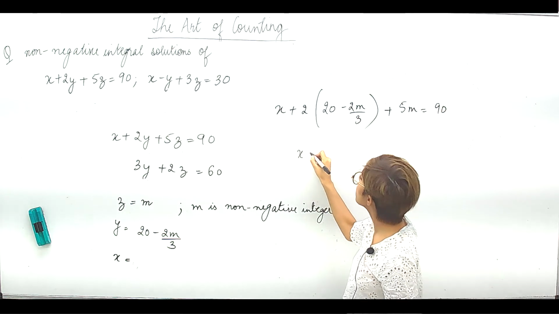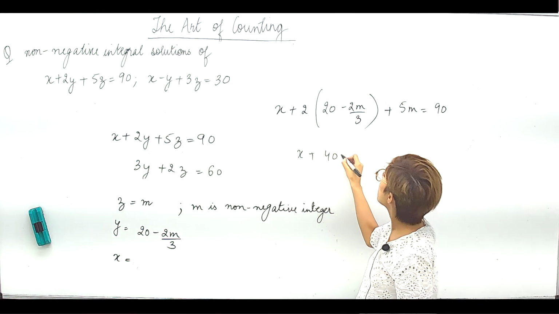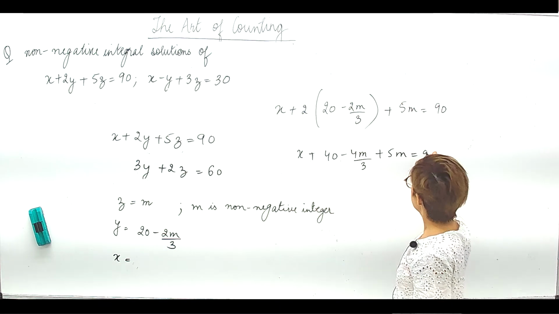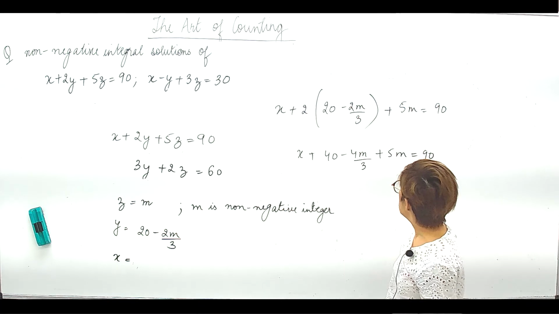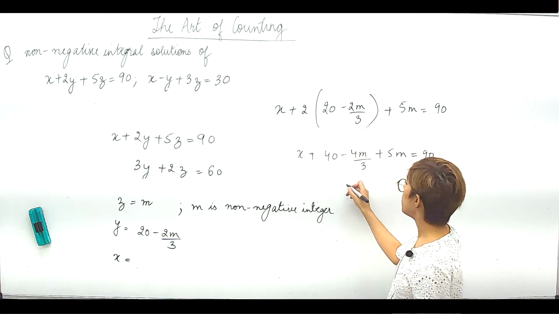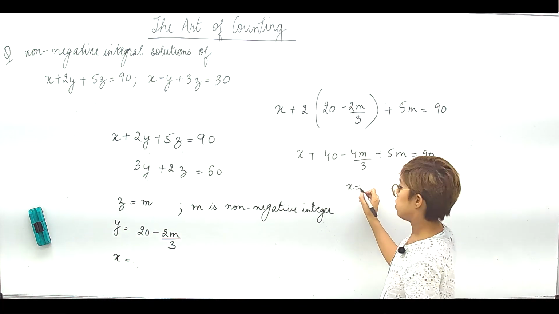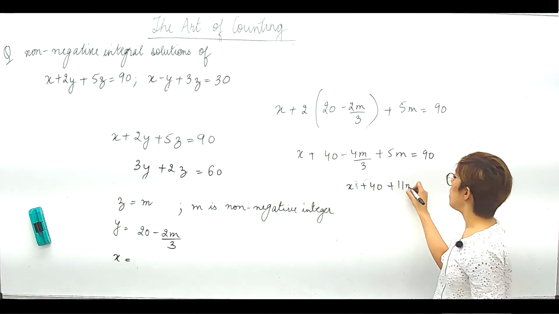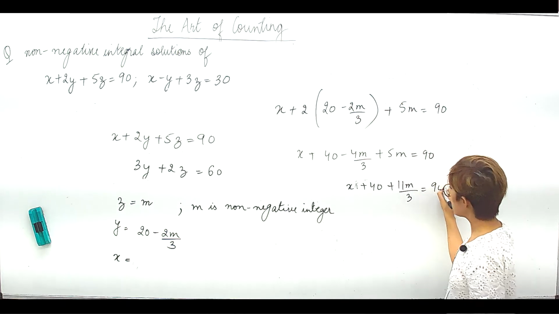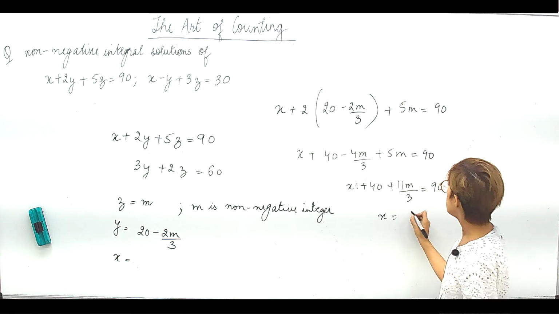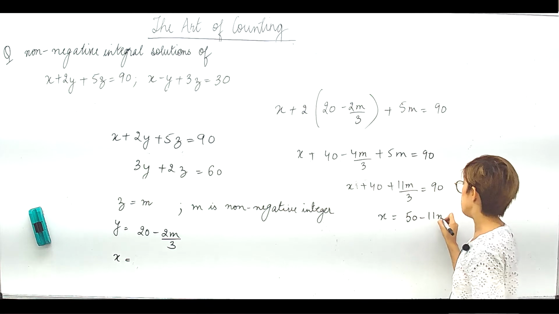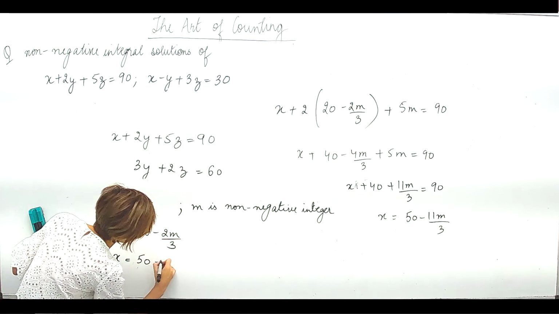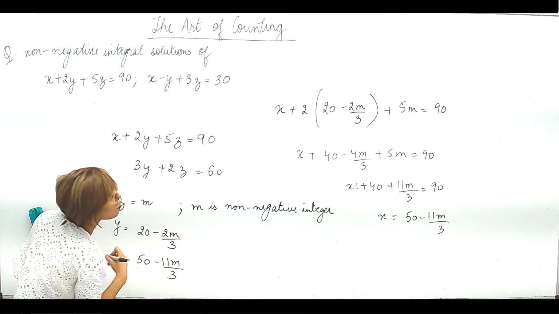So this is x plus (40 minus 4m) by 3 plus 5m equal to 90. So x plus (40 plus 11m) by 3 equal to 90, or I can say x equal to 50 minus 11m by 3. Right, 50 minus 11m by 3.